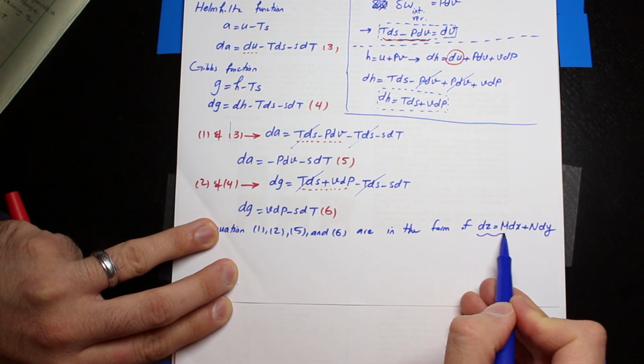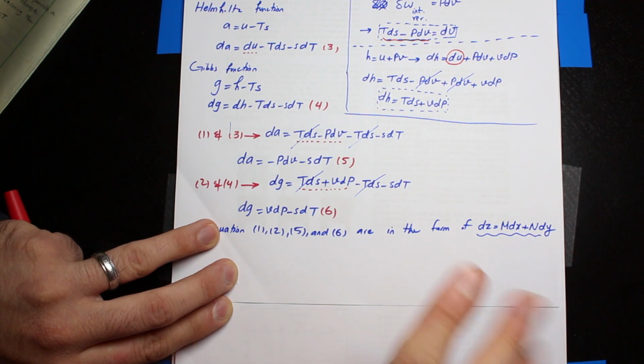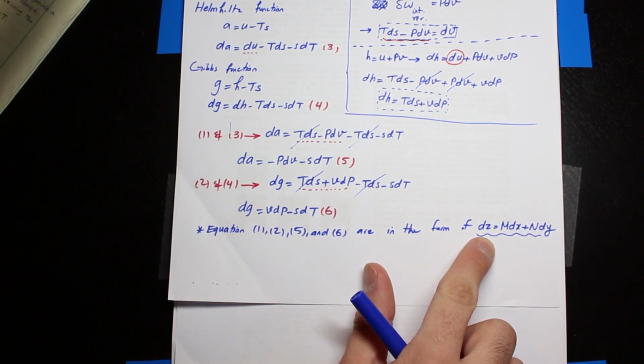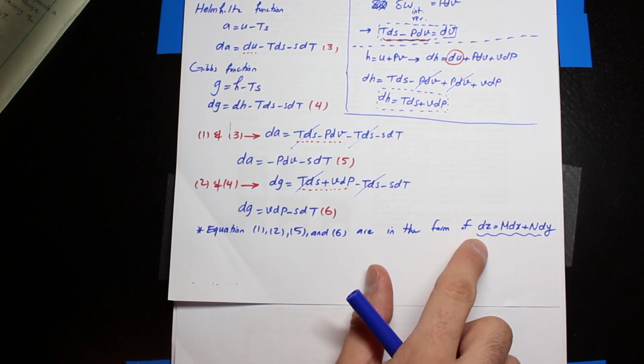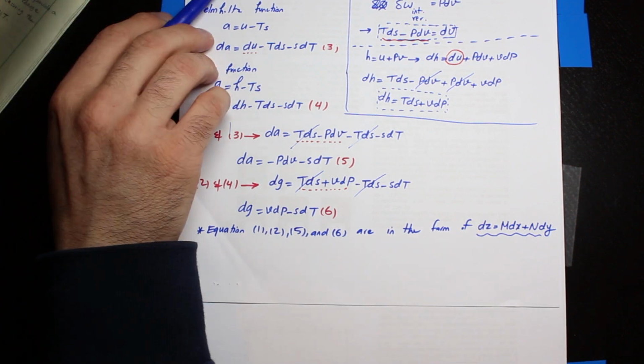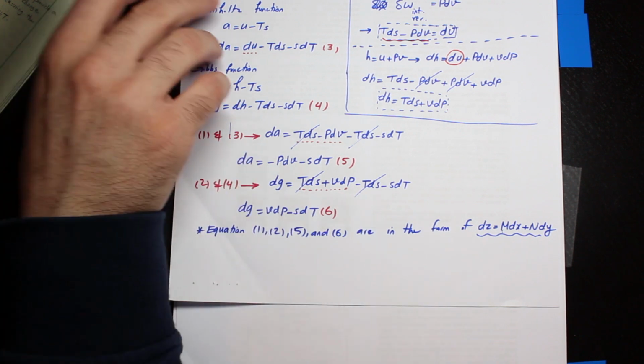In our previous discussion, we had this form of equation, right? And I can see the same form in equation number 1. If I do that, my z value is going to be u, the internal energy. My M value is going to be temperature.